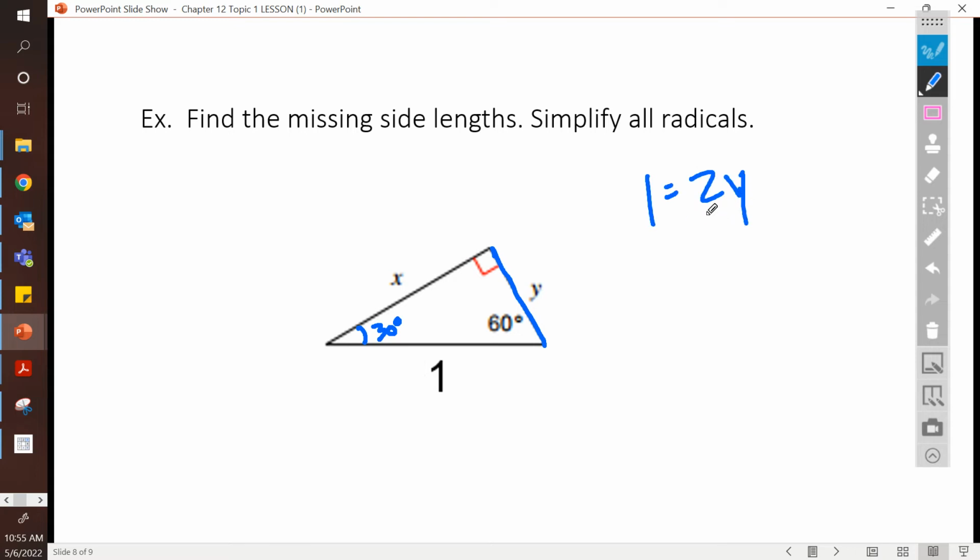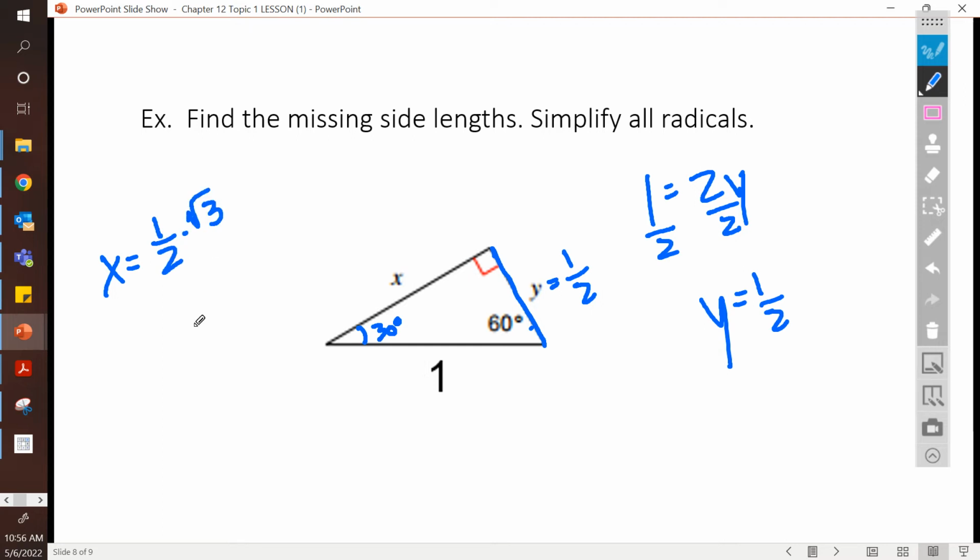So it's 2 times the shortest side, which means that the shortest side is 1/2. Now we also know that the longest leg, which is across from the 60-degree angle, is the short leg multiplied by the square root of 3. So this leg here is the square root of 3 over 2. And now we have all three side lengths for this right triangle.